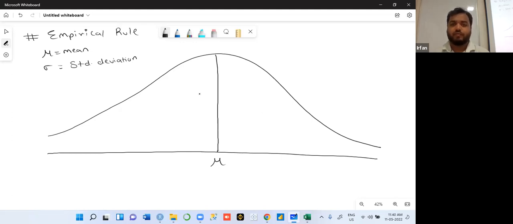If data is away by 3 steps, this is the range given by the scientist: mu minus 3 sigma to mu plus 3 sigma. Whichever data comes under this range, every data is normal.